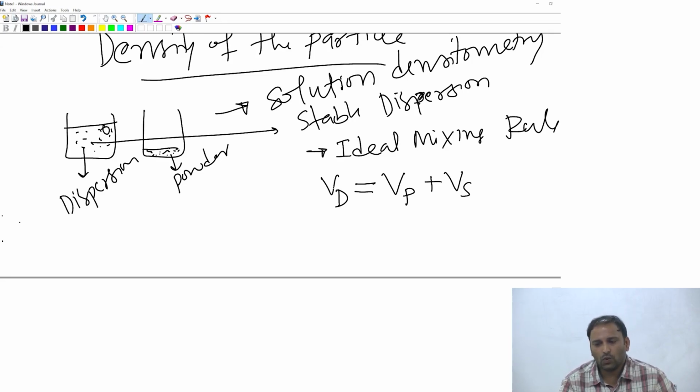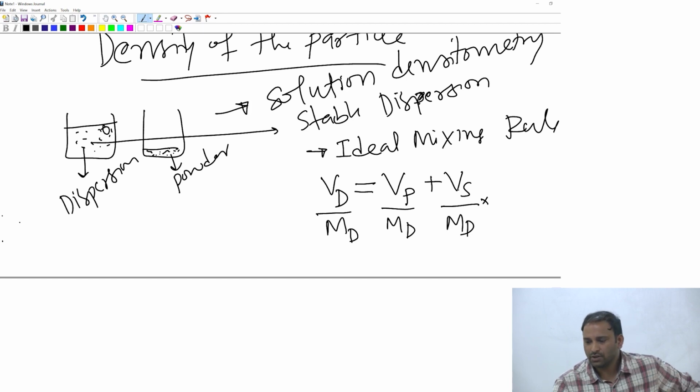Now, what I can do is manipulate this equation. One of the things I can do is divide this by the mass of the dispersion, everywhere. Now I'm going to multiply this Vs by the Md term.